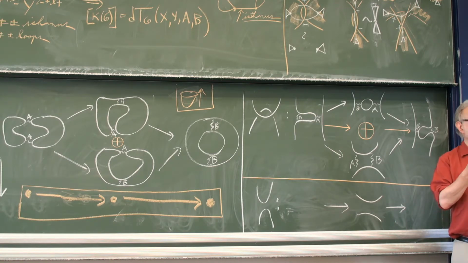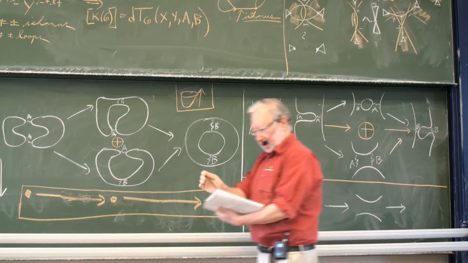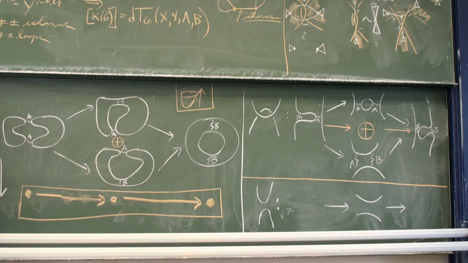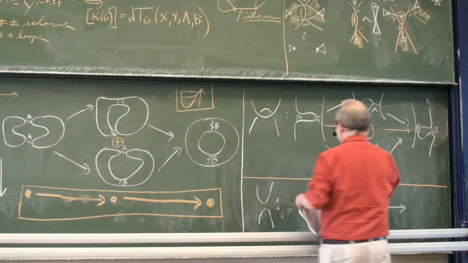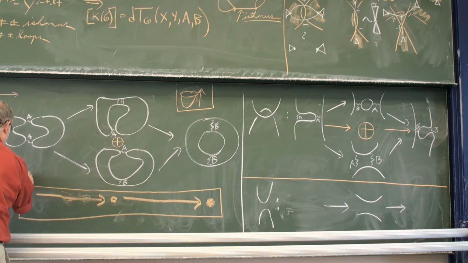I can't take kernels and co-kernels, but I can explain what I mean by two chain complexes being homotopy equivalent, because homotopy equivalence means the following, that you would have a mapping from one chain complex, which has its indices, to, now in our case, going back, remember I'm using the usual indexing on the homology.